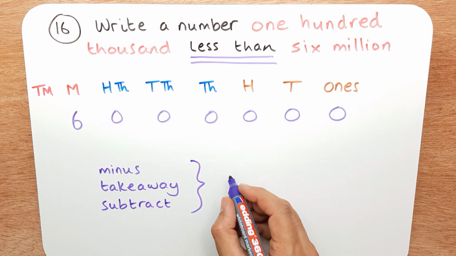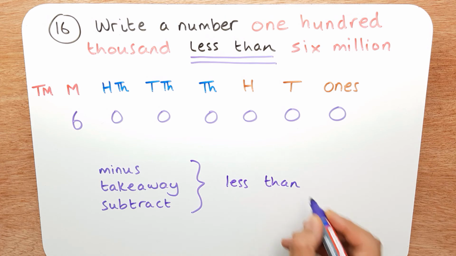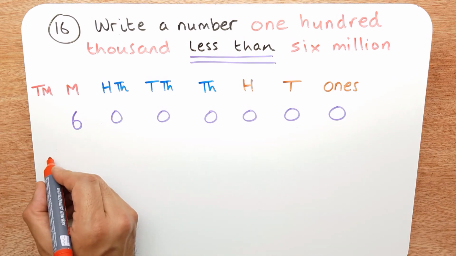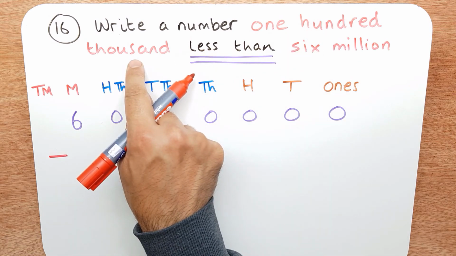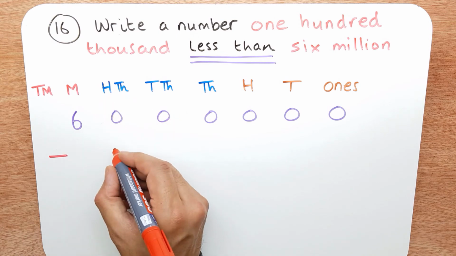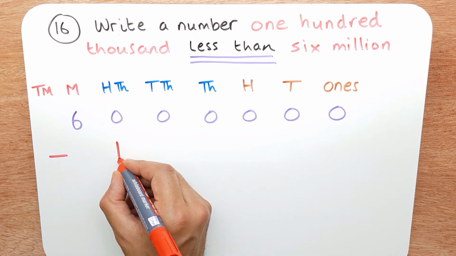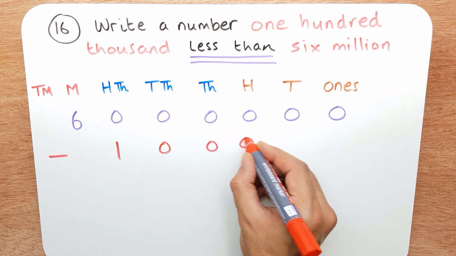These are all the words for less than. So we need to take away 100,000. So there's our hundreds of thousands. So we need 100,000. Everything else is going to be a 0.